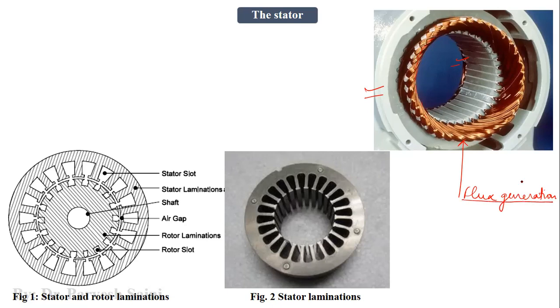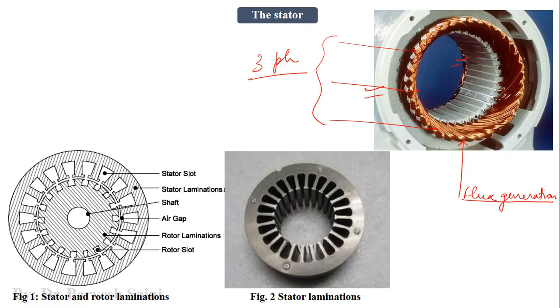So similar to a DC motor, here also on the stator we have a field system. So these windings are provided with the three-phase supply, and through that three-phase supply, these windings produce or generate a three-phase flux. So that three-phase flux is available in the air gap inside this motor.